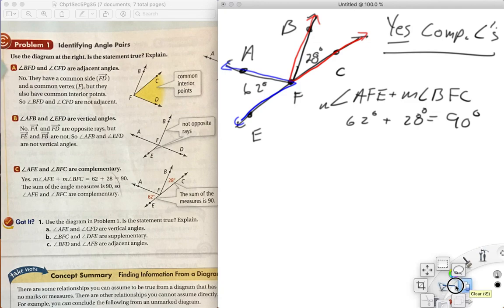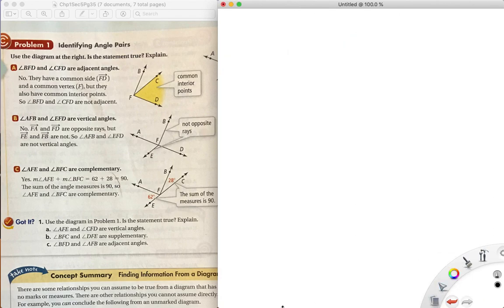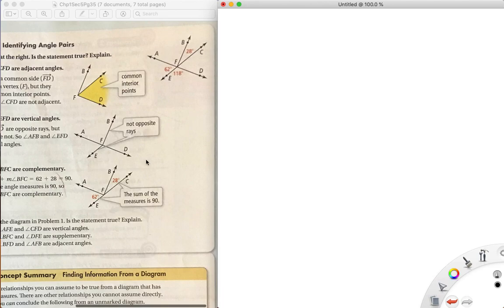Number one, they want me to use this diagram up here. They want to know if AFE and CDF are vertical angles.